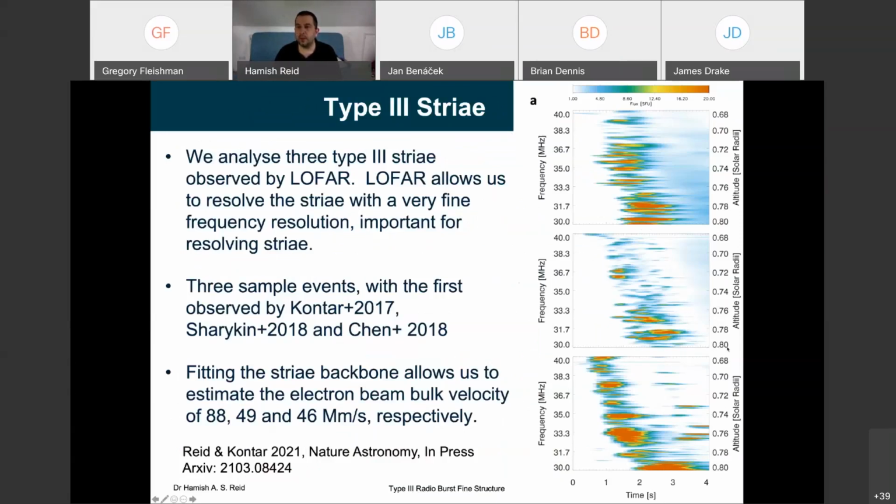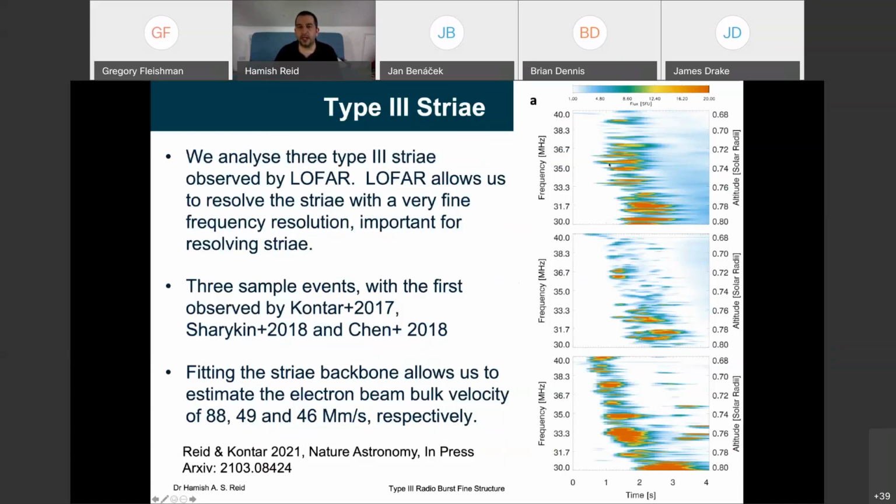We used the same one we used for the simulations, which is this Parker density model normalized by Mann et al. in 1999. And the top type 3 striae burst was actually a subject of a number of other studies, such as Kontar, Sharykin, and Chen, and so on. I think there's a few others that studied this event as well.